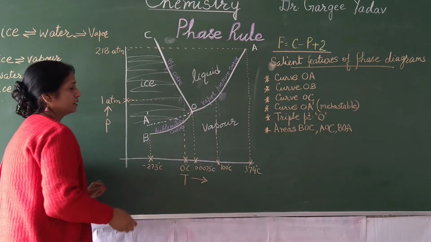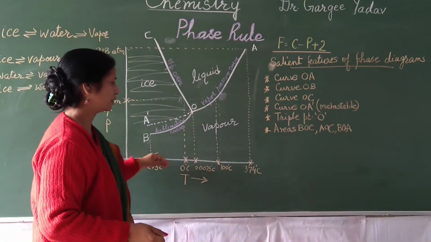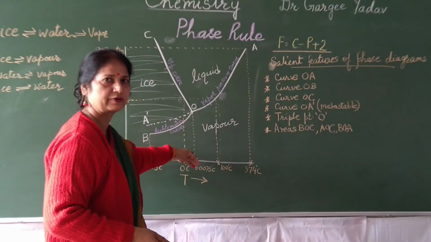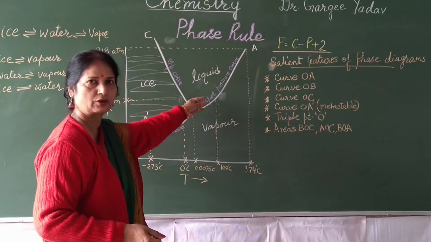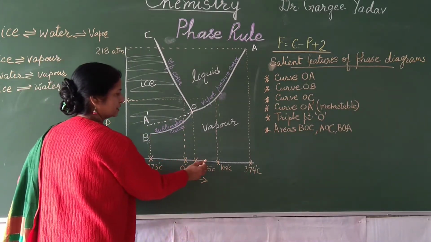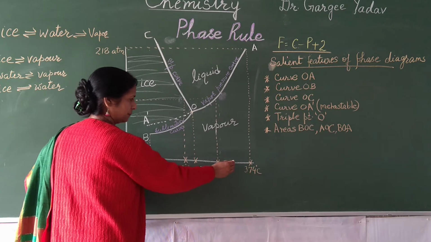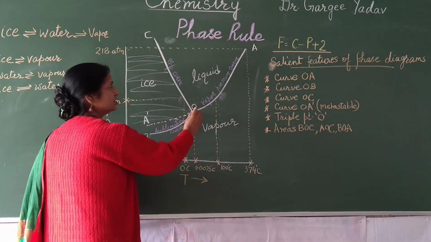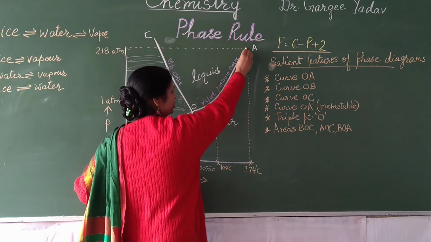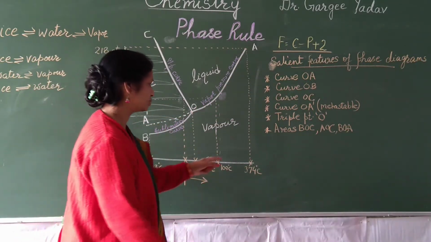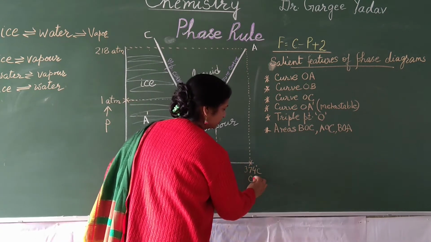It shows the effect of temperature on the vapor pressure of water. As we increase the temperature, the vapor pressure increases, and it reaches this point, which is 374 degrees centigrade, and actually it is the critical temperature.